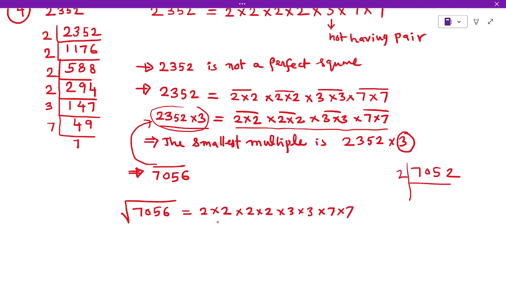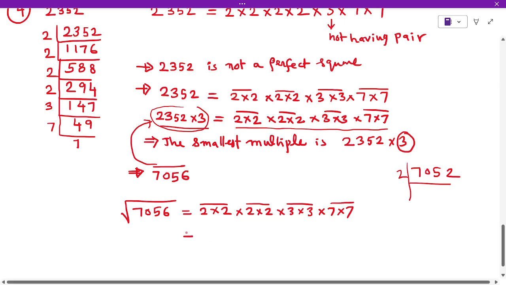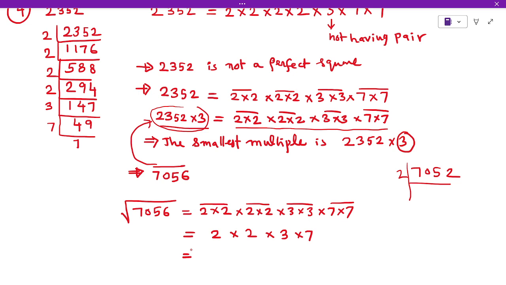Therefore to find the square root, I will make the pairs. From each pair you take one number. So this is 2, here 2, here 3, and here 7. You just multiply: 2 into 2 into 3 into 7.